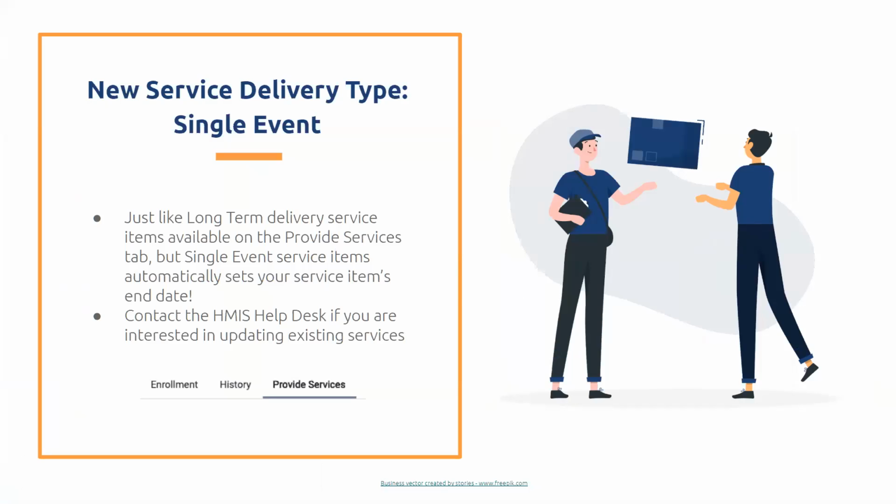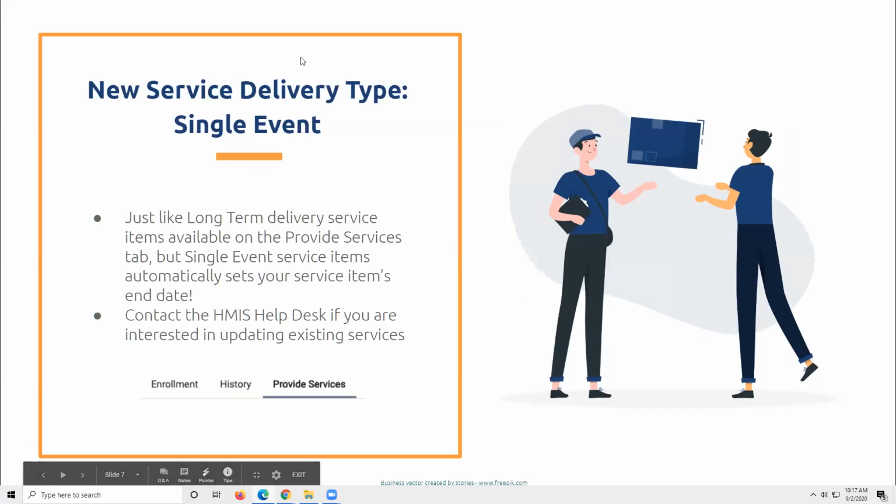The difference between single event and long-term is that single event service items will automatically set the service's end date for you to the date that you enter for the service item. So this means you won't have to manually enter the end date when you're providing a service on the Provide Services tab. This option has been added to the agency project setup form and the supplemental services setup form.